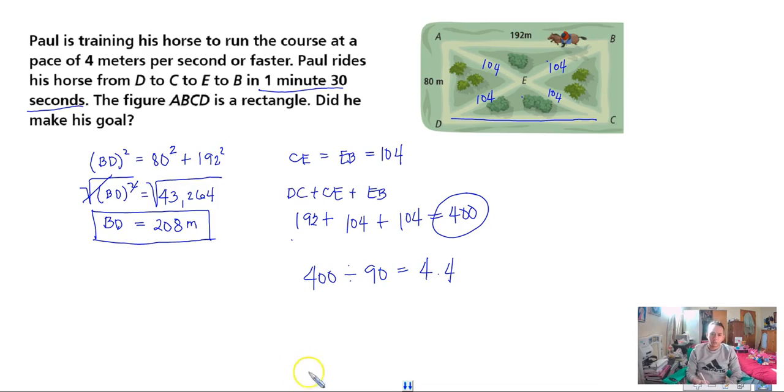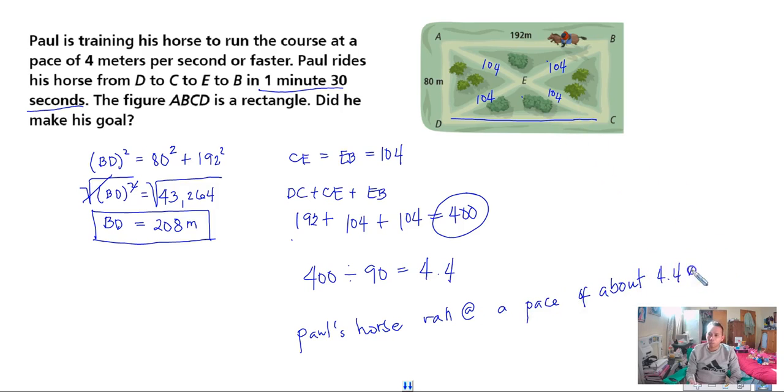So if you are going to interpret that, the interpretation is that Paul's horse ran at a pace of about 4.4.